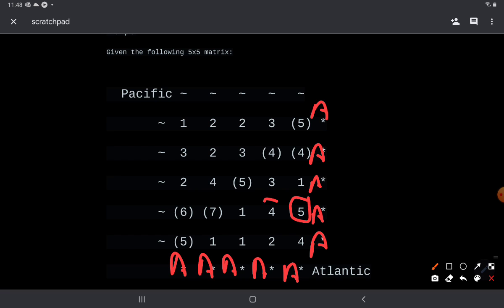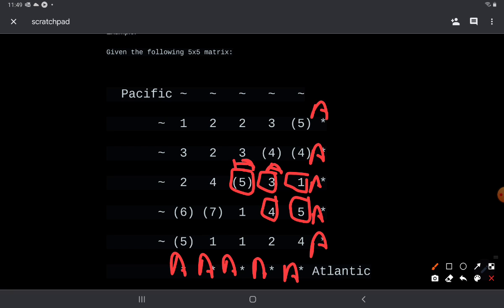Its neighbor is 4, but its height is less than 5. So this isn't accessible from Atlantic. Let's check some other cell. Let's start from here. We have 1 which is accessible from Atlantic. Its neighbor 3 is accessible from Atlantic, so we mark it as A. And then again 5 is also accessible because 5 is higher than 3. So we mark this as A as well.